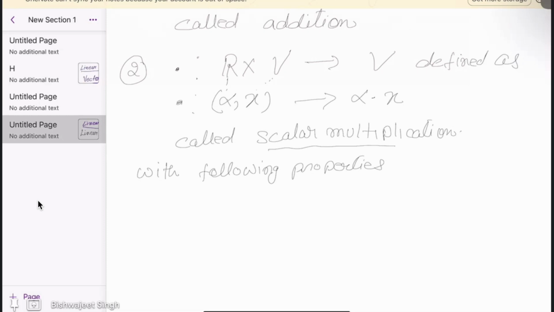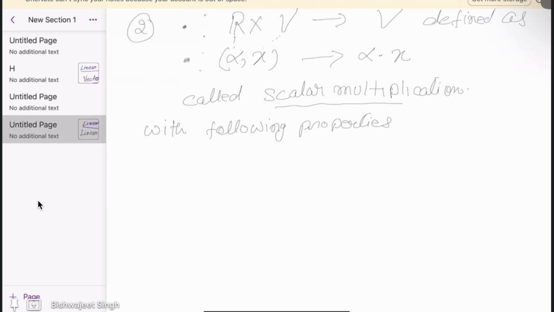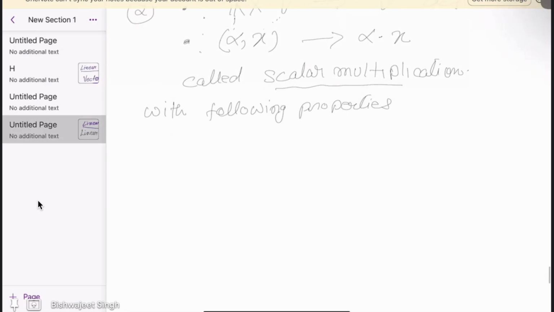If it satisfies this property, we call it a group, and if it is commutative, then we call it an abelian group. So we check how many properties it satisfies, and based on that we give them different names. In this case we are going to see a total of 8 properties.